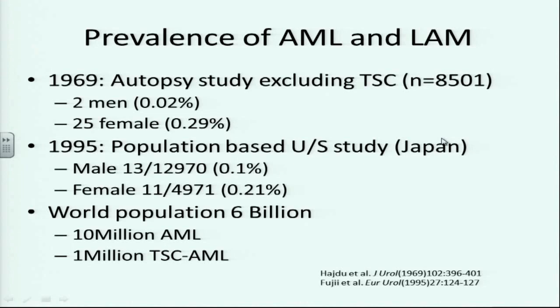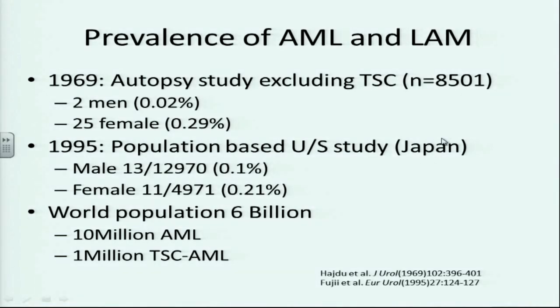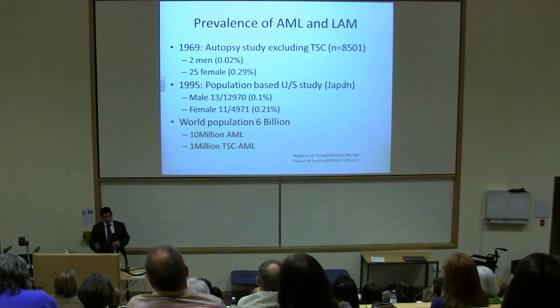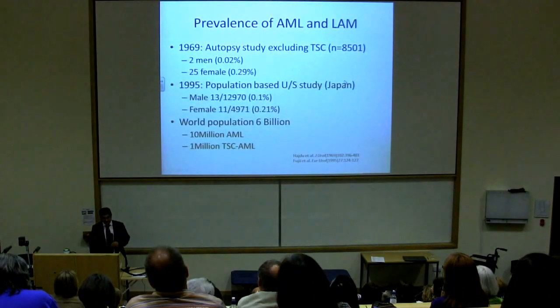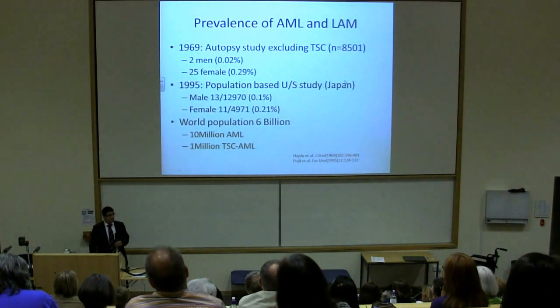So low figures, and if you look at the world, if we say the world population is 6 billion, what you'd work out is that there are probably about 10 million people out there with AMLs, and 1 million people with tuberous sclerosis complex-associated AMLs, and we've got a couple of slides on that later on. So not massive numbers, but not an insignificant population.